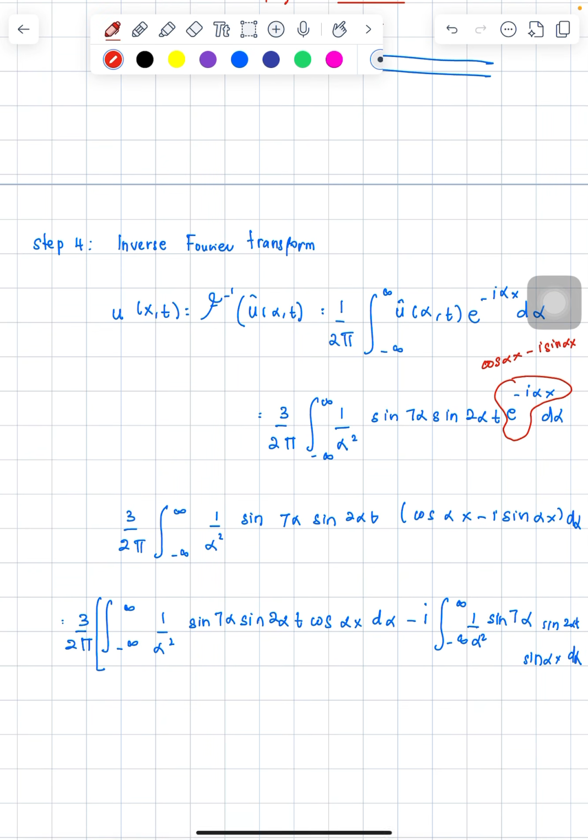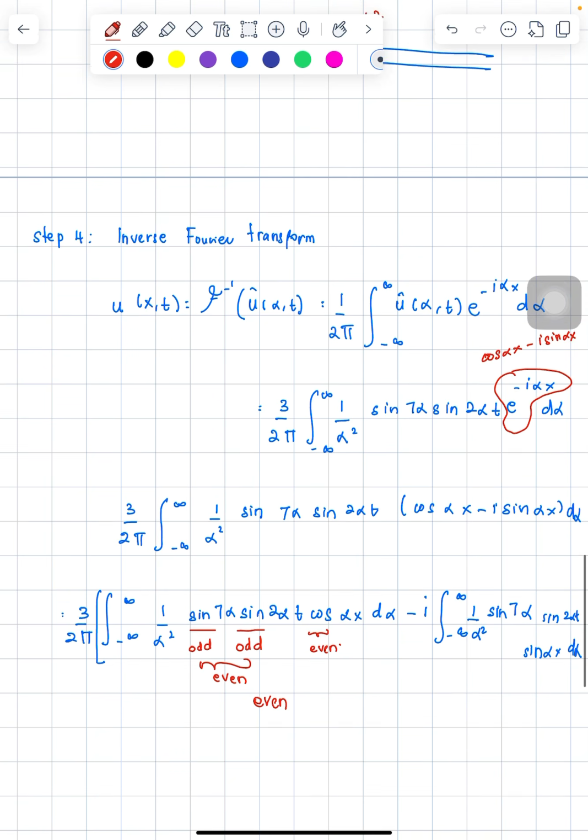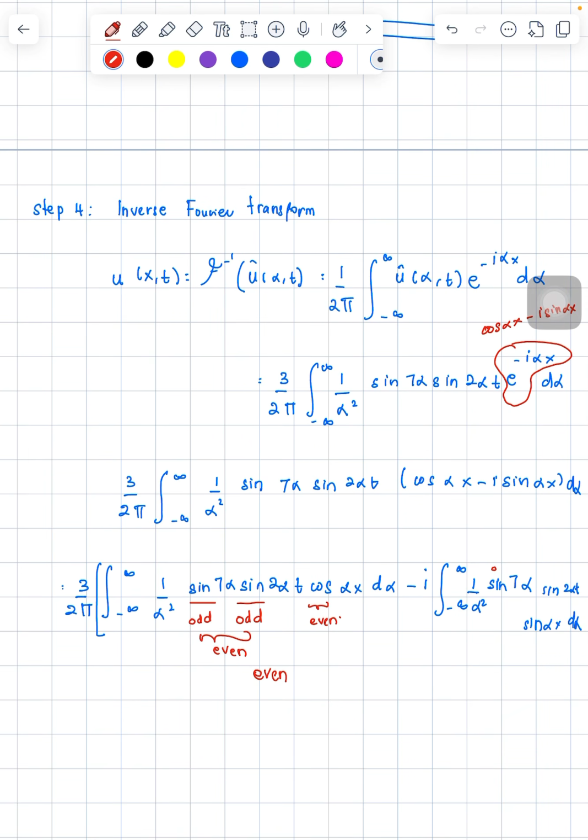Okay, from this integral, sine we know is an odd function. The product of two odd functions becomes even, and cos we know is an even function, so even multiplied with even becomes even. But here we have sine, which is odd, multiplied with the odd, so this becomes even.